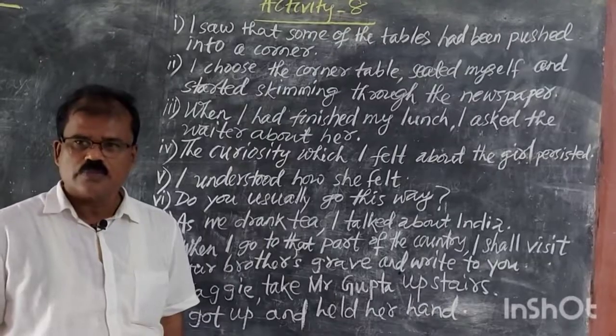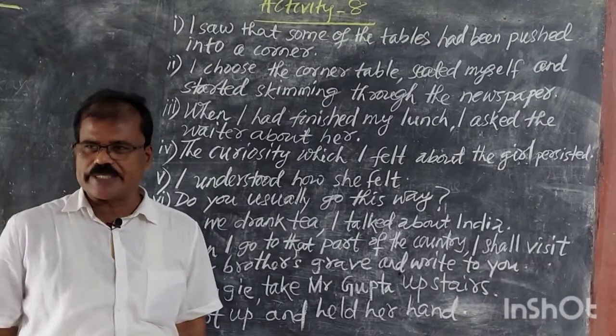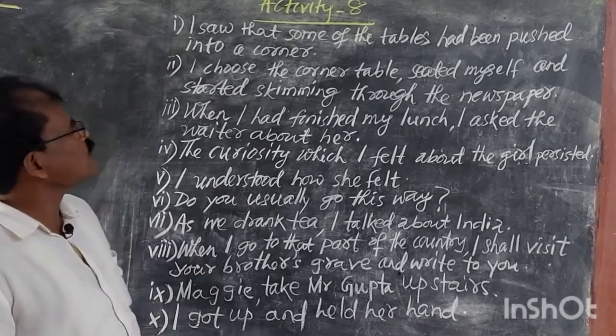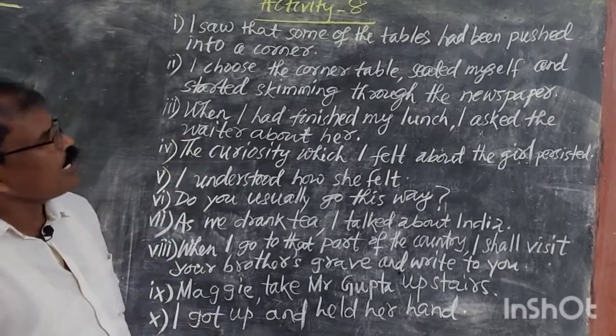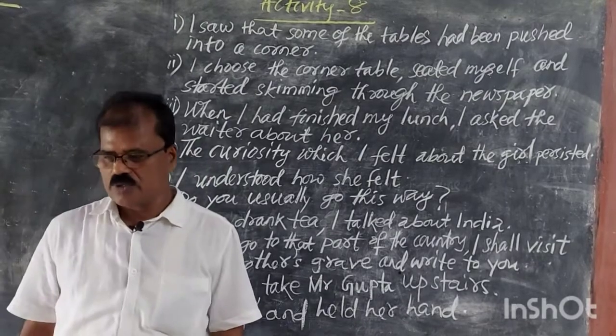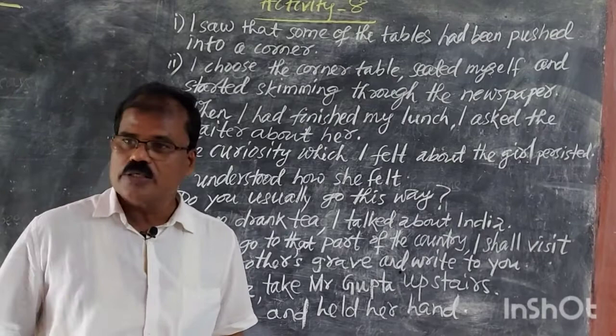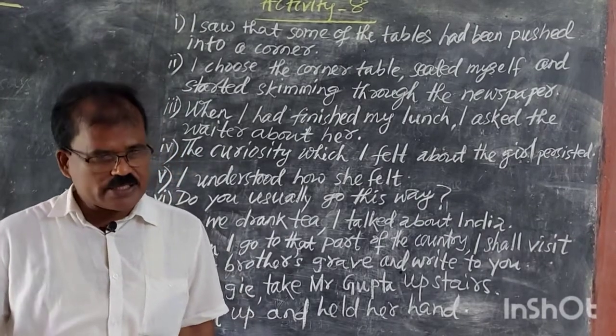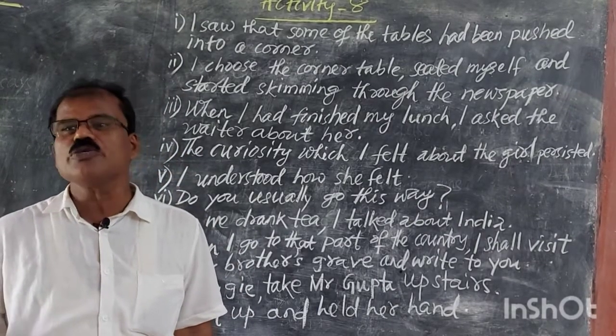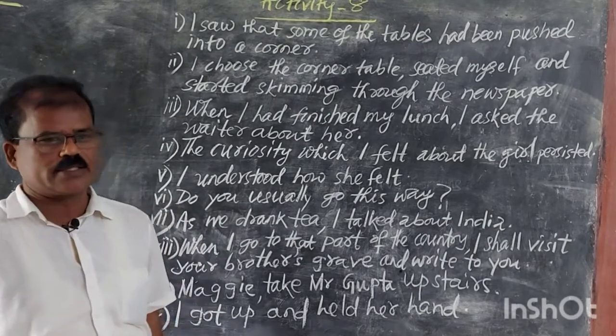Okay, now look at the next activity. Here you have to tell me which is the simple sentence, which one is the compound sentence, and which one is the complex sentence.